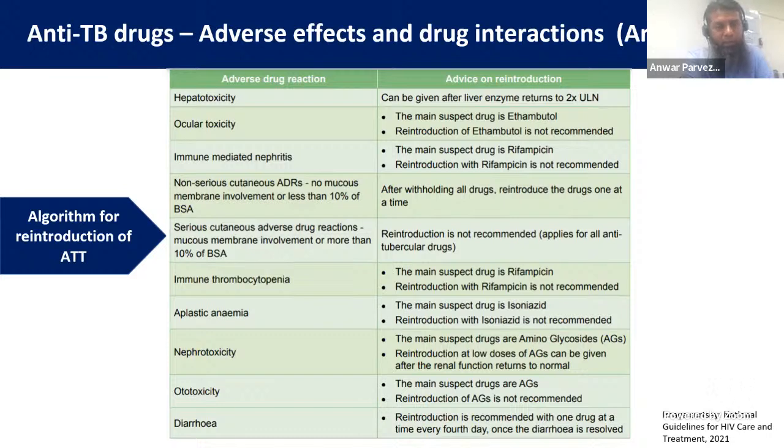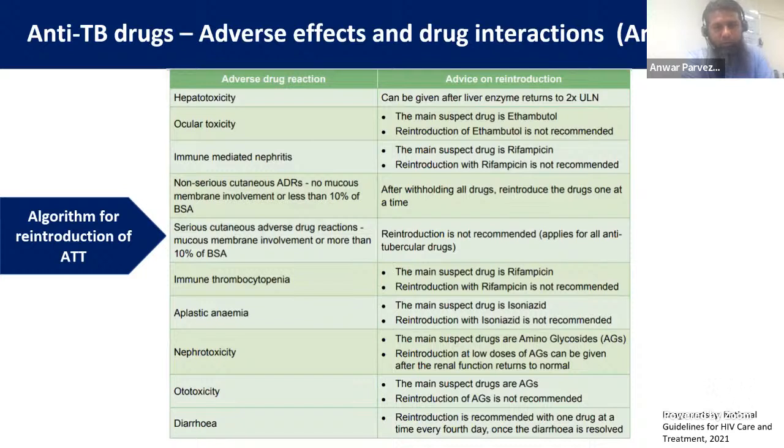But there are some adverse drug reactions which are so serious that you cannot reintroduce anti-TB drugs, like ototoxicity, and even ocular toxicity, which can be because of ethambutol, where again it is not recommended to reintroduce.